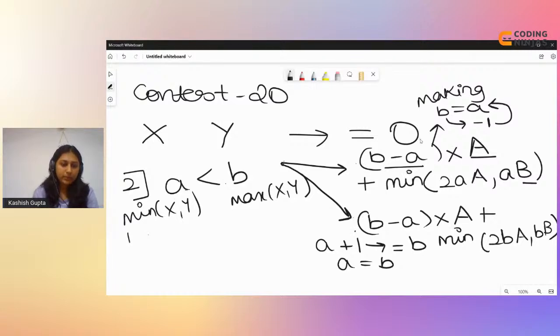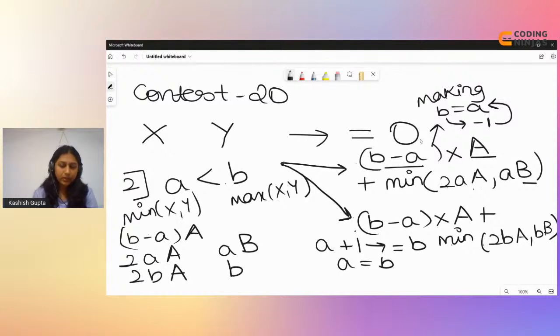B minus A into A is the common part here, and among these we need to know what will always be minimum. So there are four things: 2aa, ab, 2ba, small b and capital B.